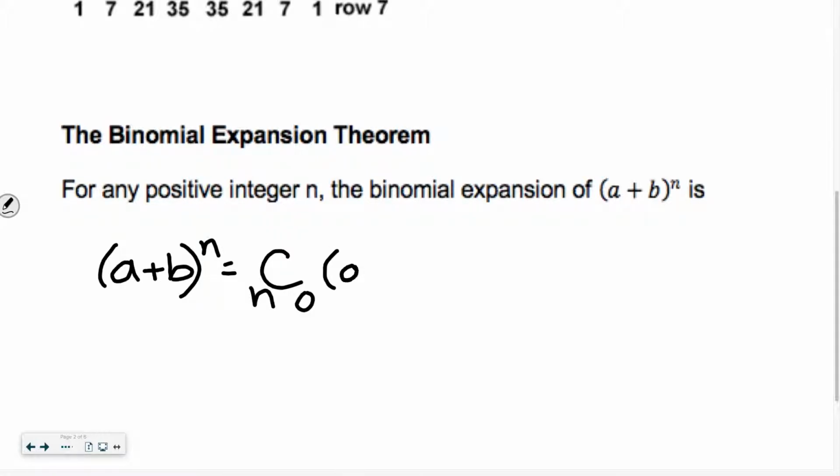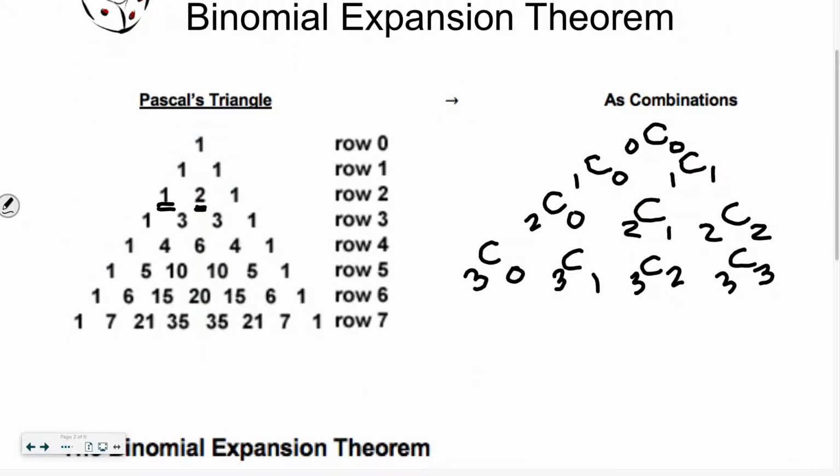And then we have to multiply it by the first term raised to the highest exponent, which will be n, and the second term raised to the smallest exponent, which will be 0. And then we're going to do a plus. And now to get the next number that comes from Pascal's triangle, that's on the second value, right?